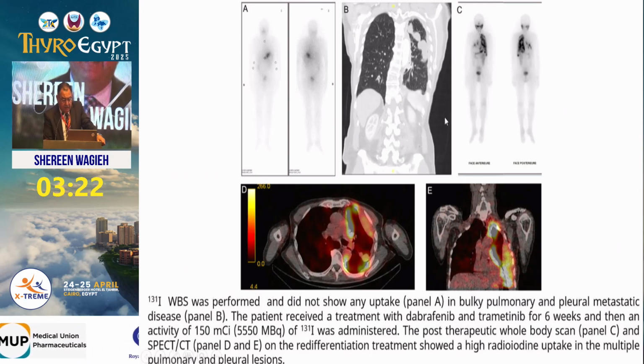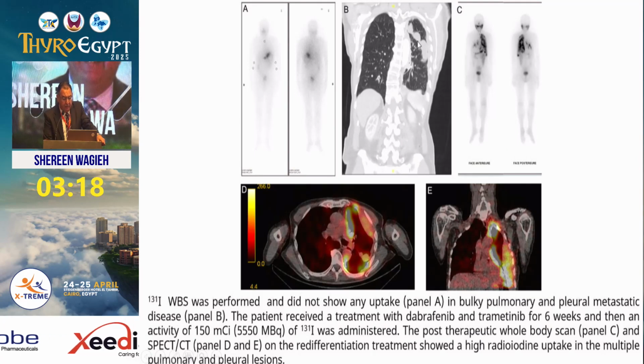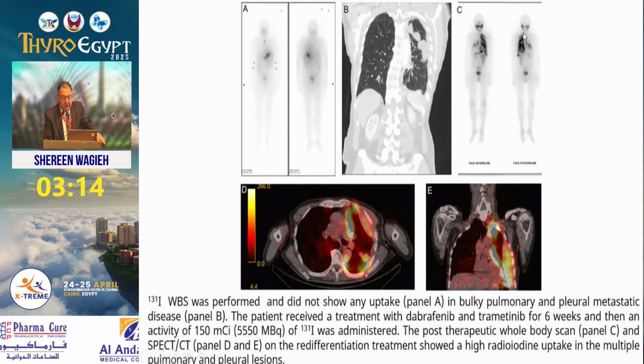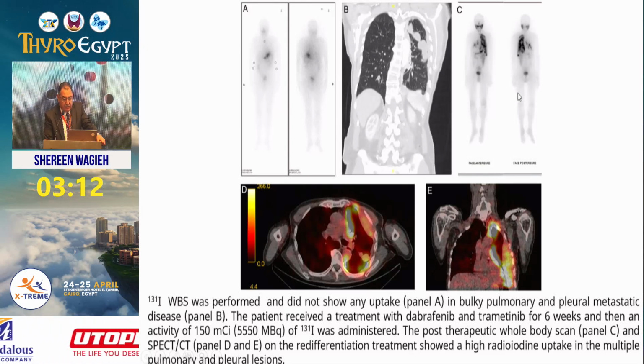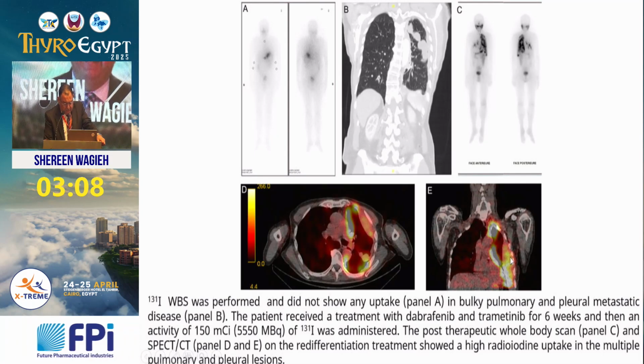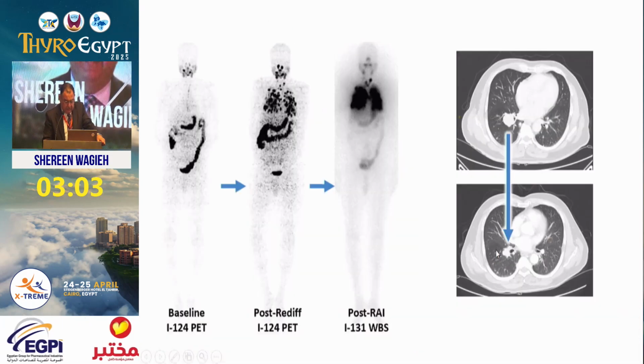Also, this is another patient with a negative iodine whole body scan. Conventional imaging showed left pulmonary deposits and left pleural deposits. Post redifferentiation, there is intense uptake in these metastatic lesions in planar images as well as in PET-CT images here and SPECT-CT images here.